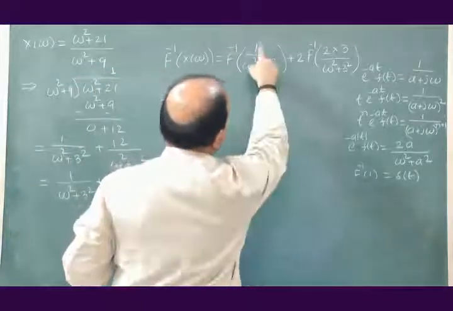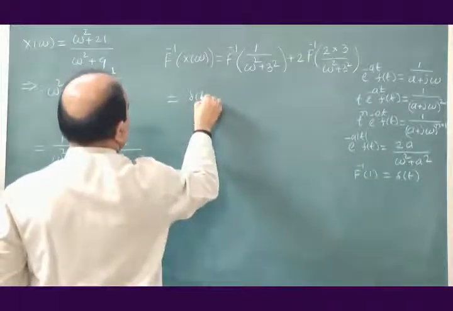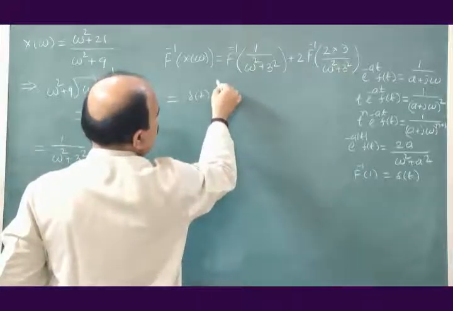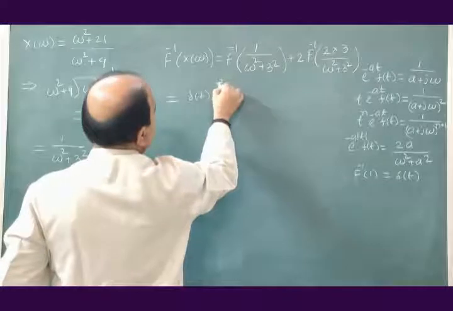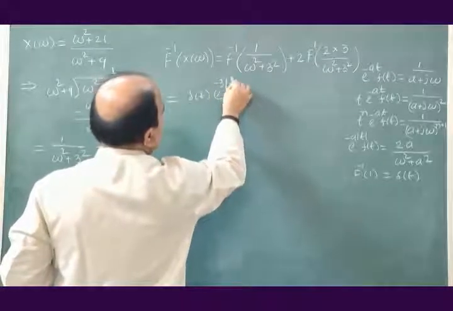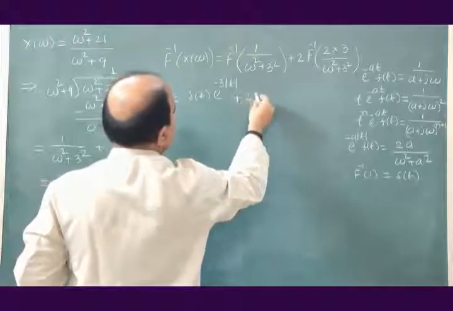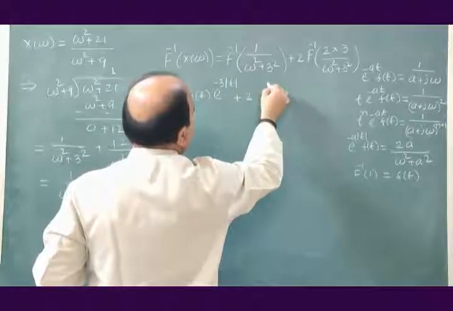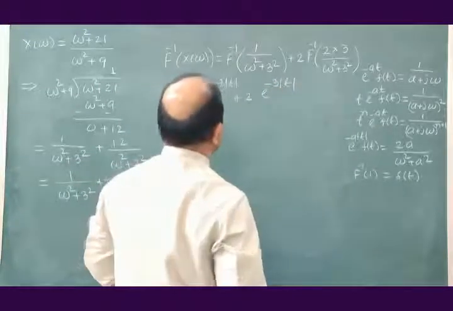F inverse of 1 is delta t, and 3 is e to the power minus 3 modulus of t, plus 2 times e to the power minus 3 modulus of t.